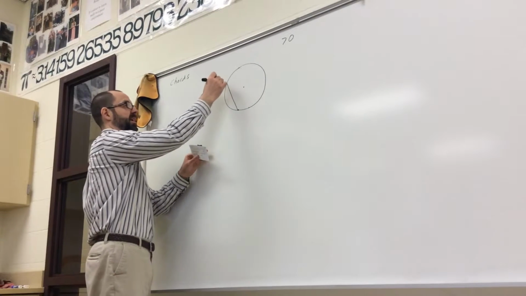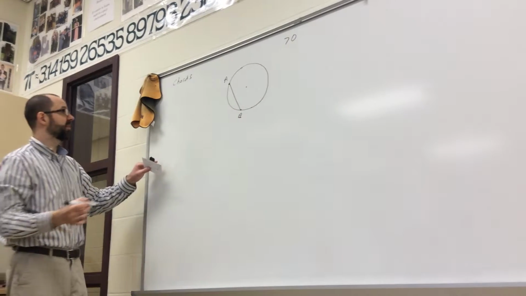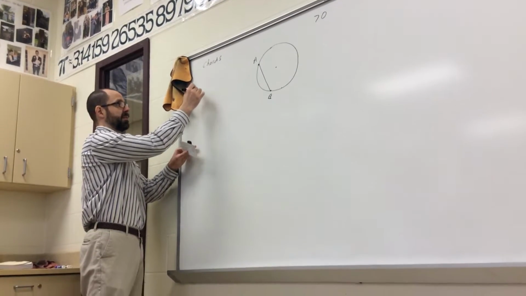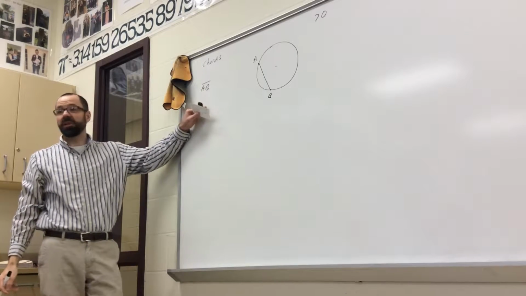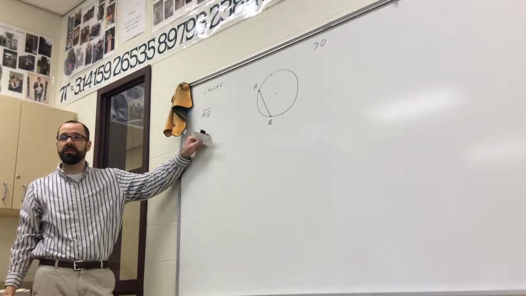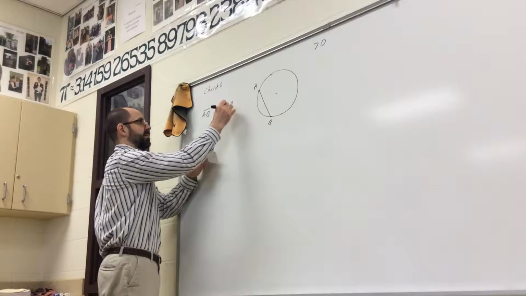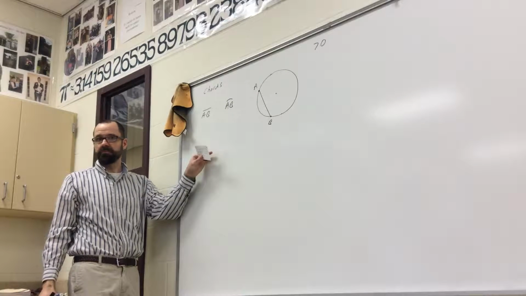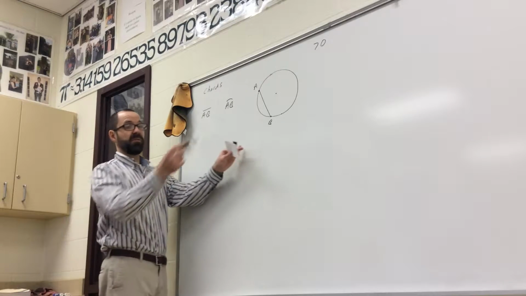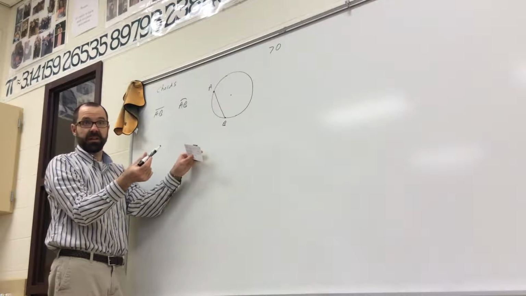All right, so I'm going to have a letter here and a letter here. And there's a difference between the straight line that goes from A to B and the curved line that goes from A to B. So if you're at A and you're trying to get to B, there's two paths you could take.